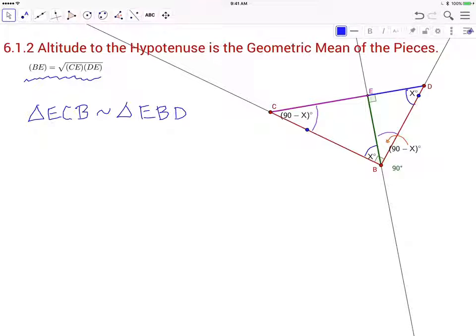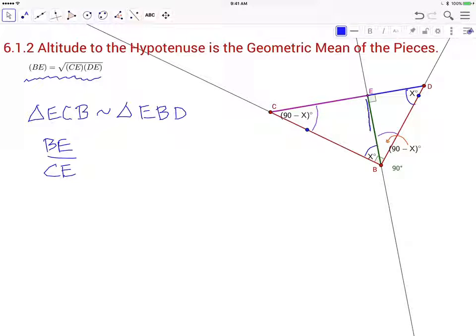What's nice is that in the quiz, in the last section, you saw that you could set up a ratio that looks something like this. BE relates to CE. Let's stop there for a second.